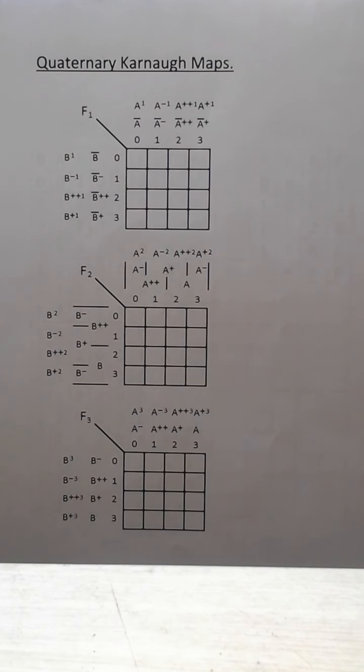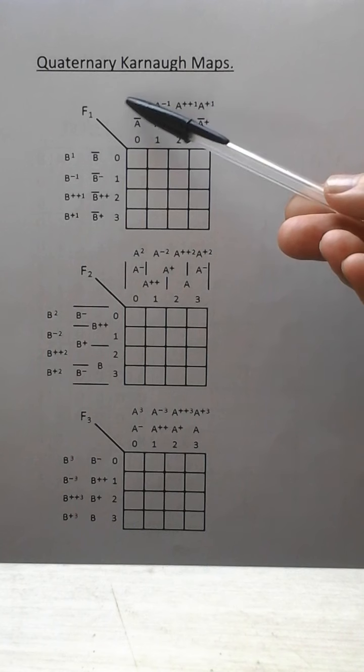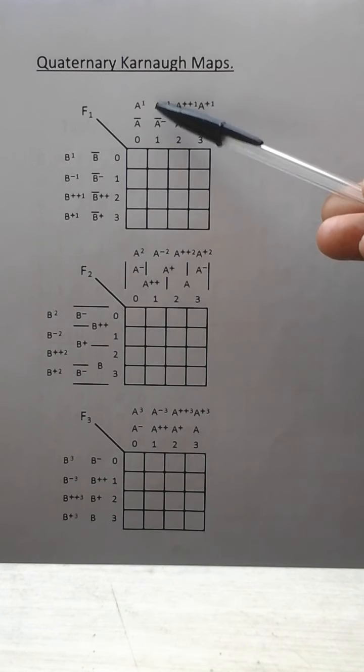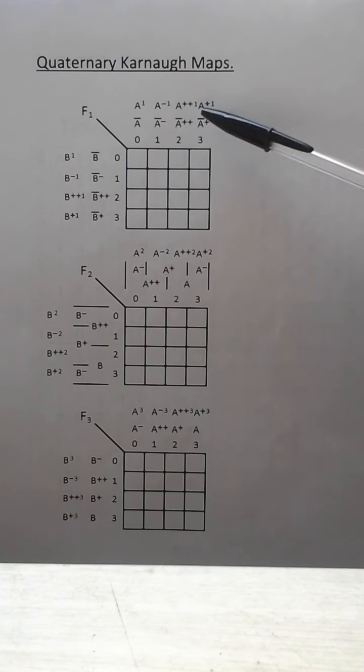These are the Karnaugh maps that I'm going to be using to simplify an expression f. This is Karnaugh map f3, Karnaugh map f2, Karnaugh map f1. On Karnaugh map f1 we have the 2-valued unary operators A1, A minus 1, A plus plus 1, and A plus 1. And we have the 4-valued unary operators A minus, A plus plus, and A plus.